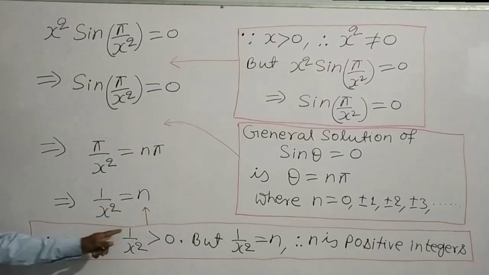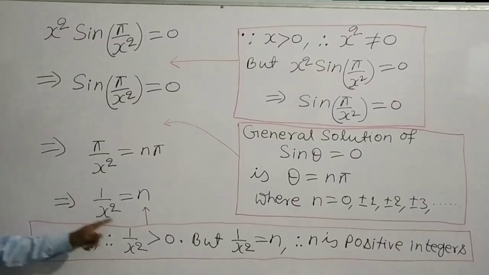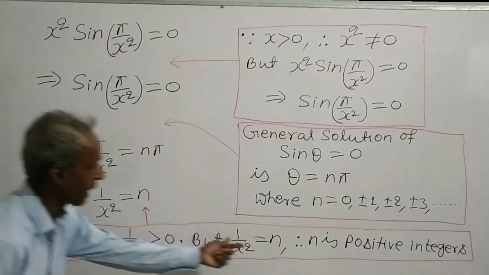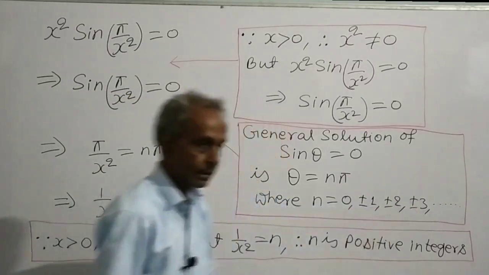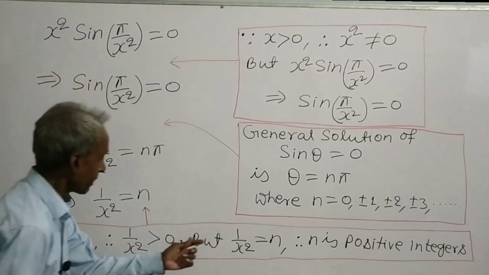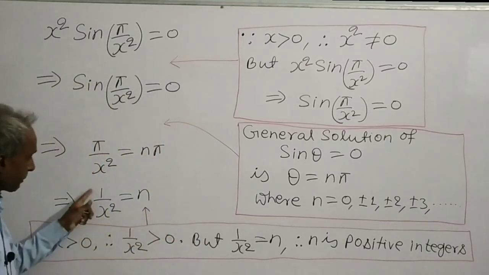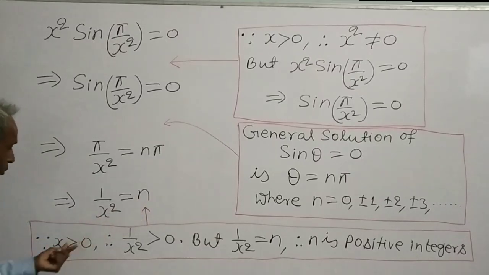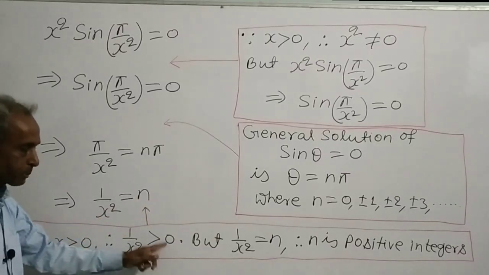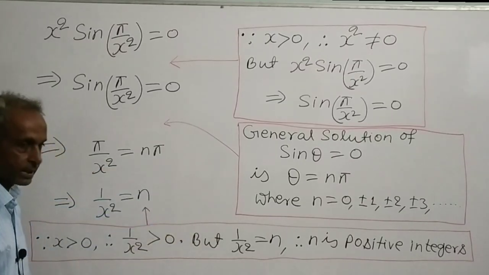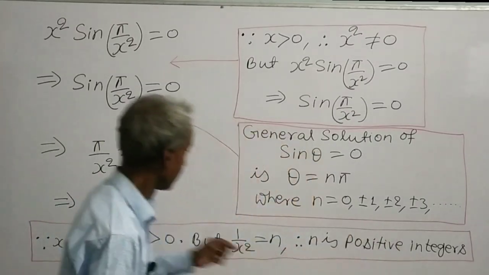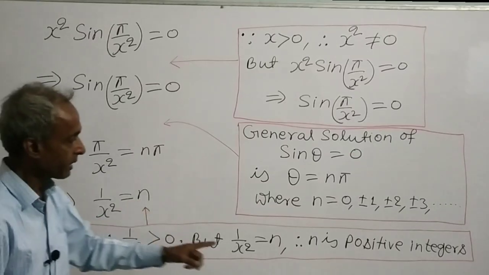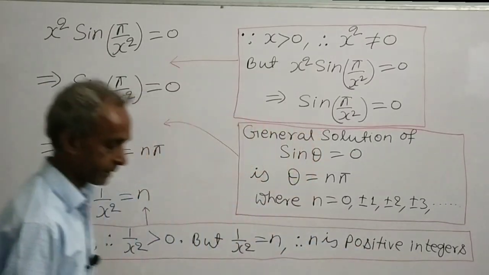Since x is positive, 1 by x square is positive, but 1 by x square is n and n is an integer. If 1 by x square is equal to n and 1 by x square is positive, that means n is positive. That means n is a positive integer.